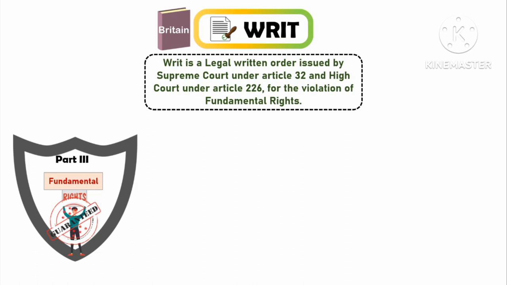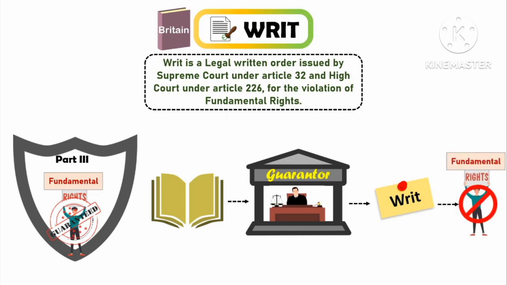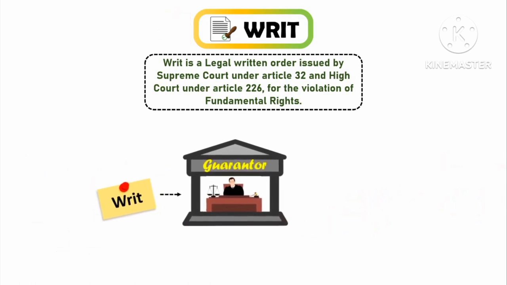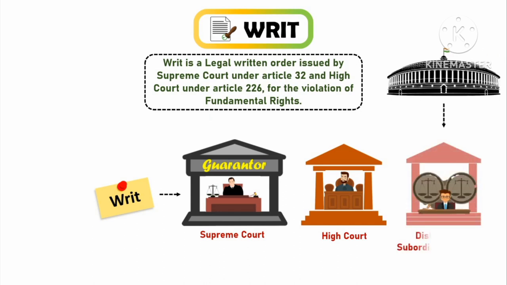Therefore, the Constitution of India has called the Supreme Court the guarantor of fundamental rights and has given it an extraordinary power to issue writs in order to enforce fundamental rights if violated. So, a writ is that legal order which is issued by the Supreme Court and High Court. But if needed, Parliament can empower other courts also to issue writs.